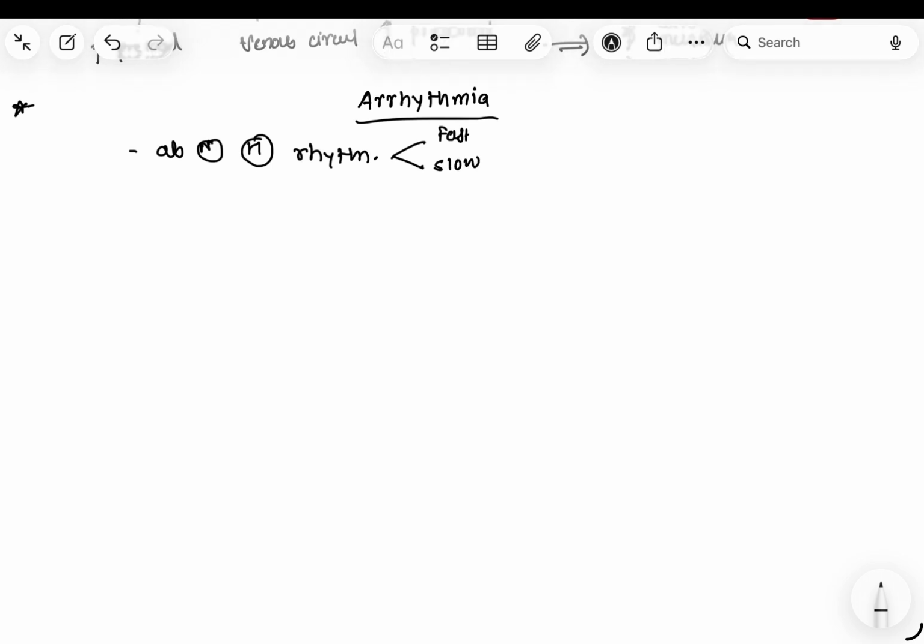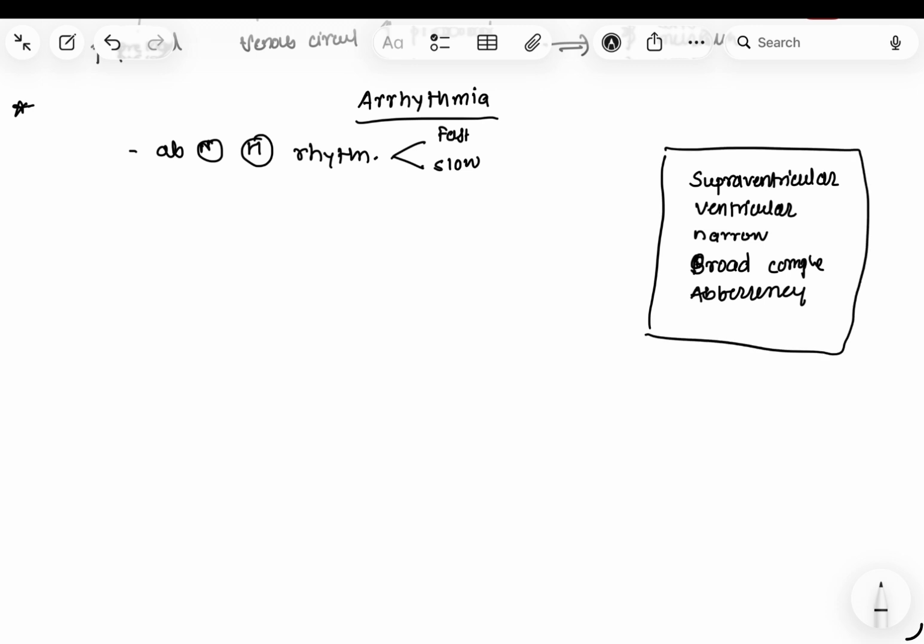Now in this topic specifically I would like to clarify a few terminologies: supraventricular, ventricular, what are narrow complexes, what are broad complexes, and what is aberrancy. If you are clear with these terminologies, I hope the future journey will be easier.